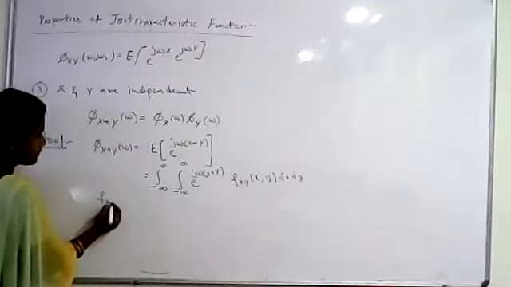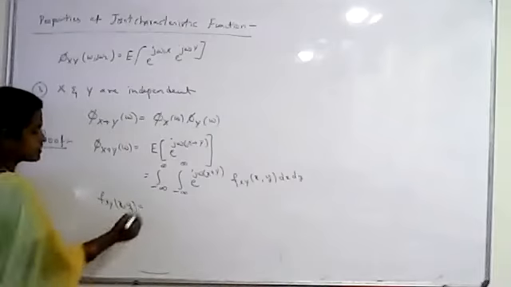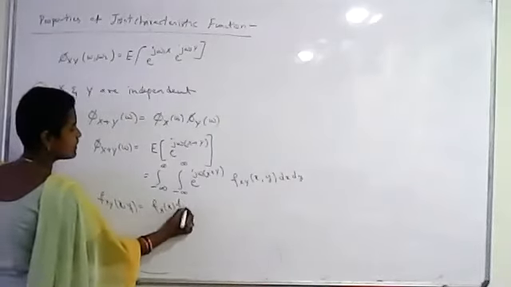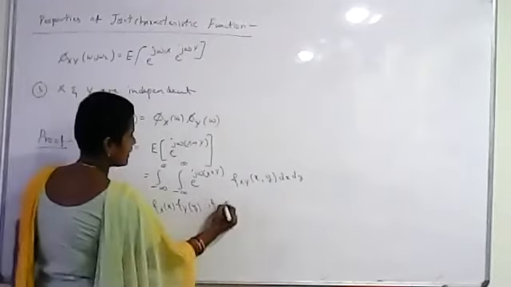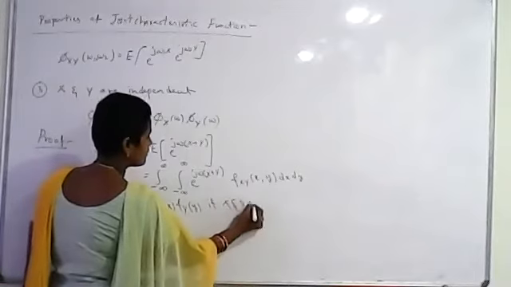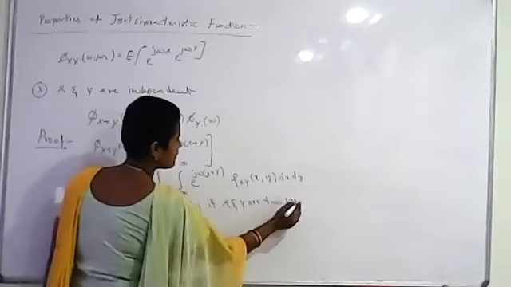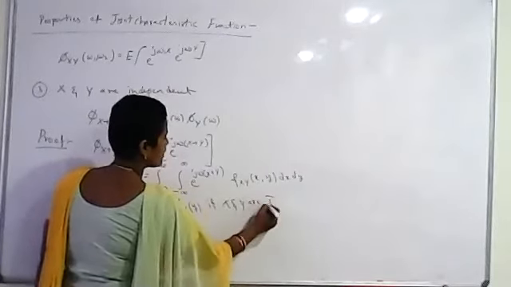Now we know that from the property of joint probability density function, f xy of x comma y will be equal to f x of x, f y of y, if x and y are two independent random variables.